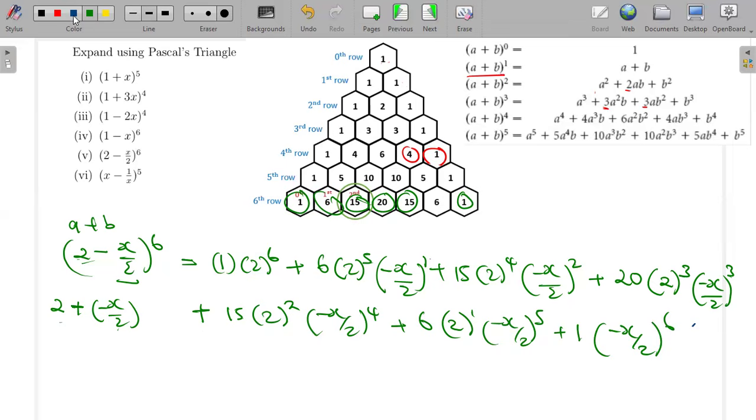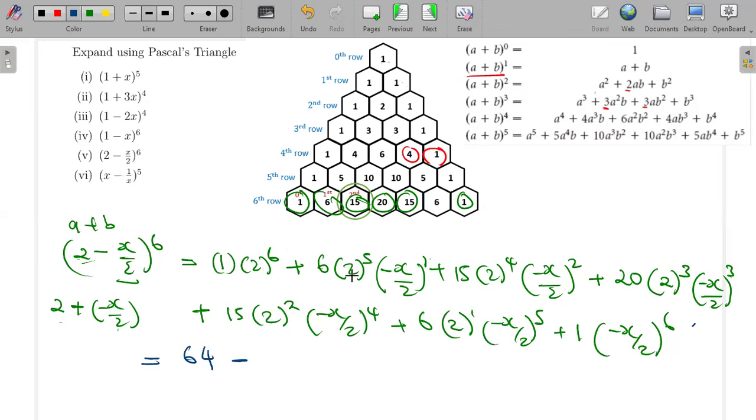Okay, so from there, we can now evaluate that and simplify and clean that up. So you have 2 to the power 6. 2 to the power 6 is just 64. So you get 64 there. You see this is raised to the power 1. 1 is odd, so the negative will still be there.